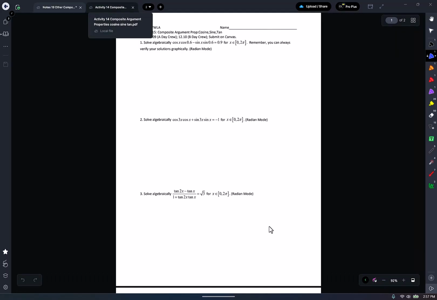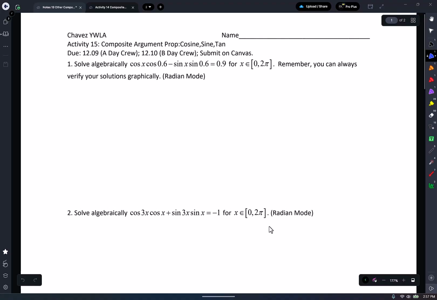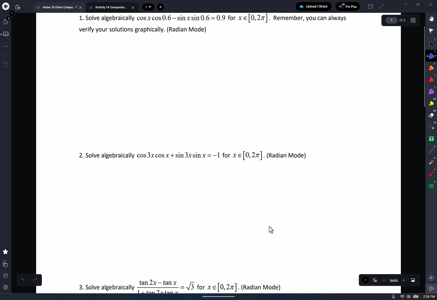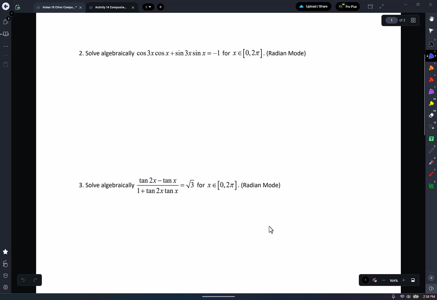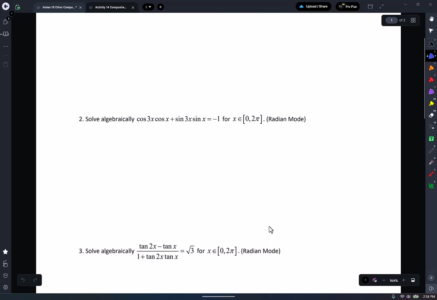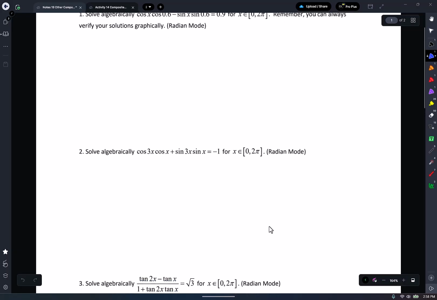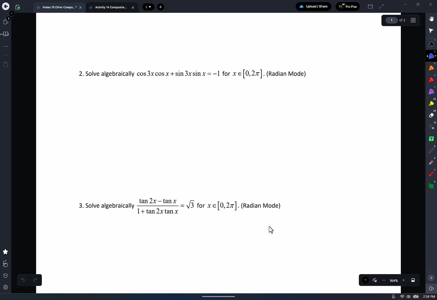Does everyone have this activity with them? Don't worry, we're going to do two of them together. You guys choose number 1, number 2, or number 3. It does not matter which one to me. They all look the same to me. You guys choose as a class.